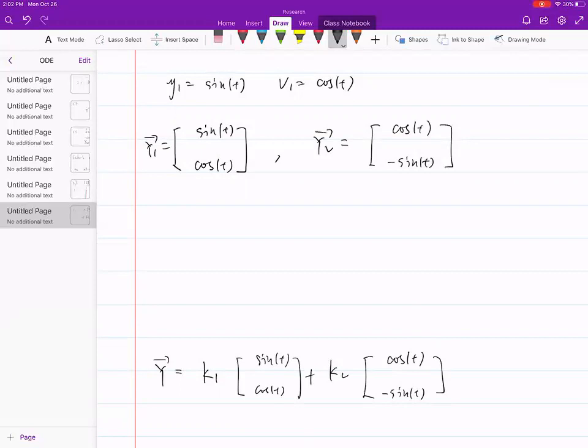Now, the only thing stopping you from doing that, according to the theorem, is you need to show they are linearly independent. Moreover, you don't have to show it in general. You just need to show they are linearly independent when t equals 0. So sine 0, cosine 0.